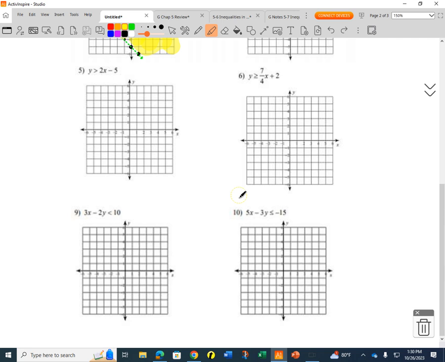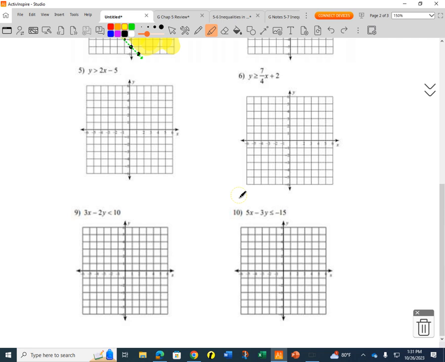I set myself a reminder so I would not forget it, so it'll be ready on time. Okay. All right, guys. I know I interrupted. So let's get back on. You guys are doing a great job.